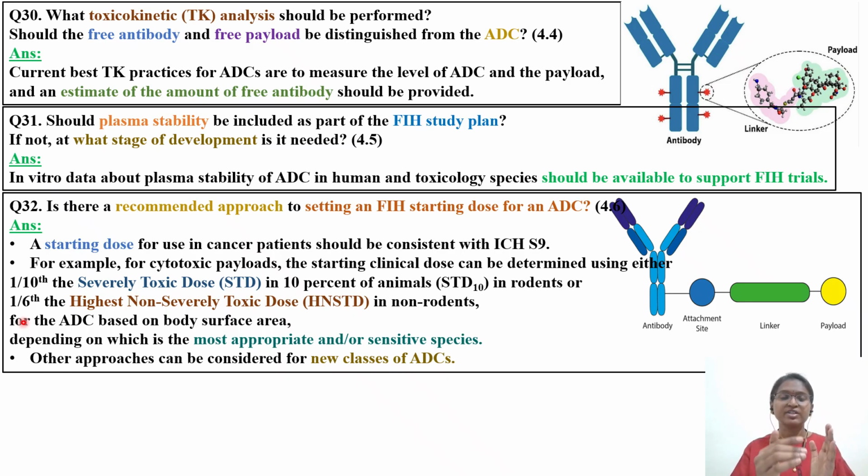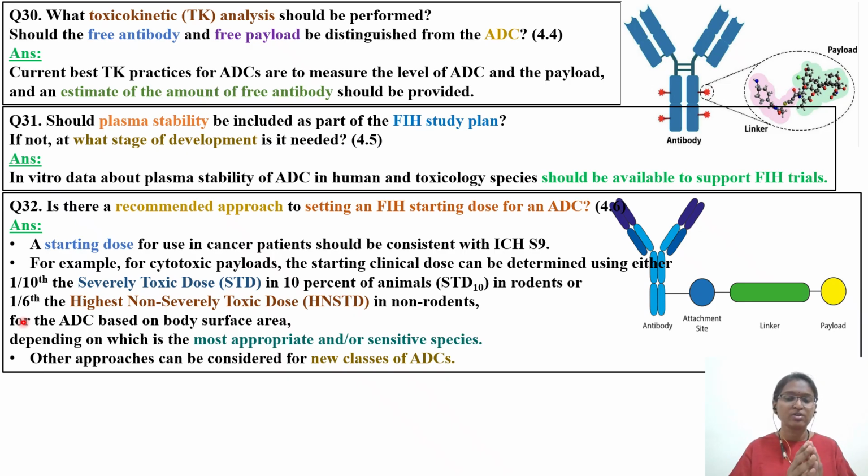Why in the case of STD in rodents it is 1/10th, while in the case of non-rodent mammals, monkeys and dogs, it is 1/6th? Because it is assumed that biologically these dogs and monkeys are closer to humans, being mammals. For that reason they are decreasing the uncertainty factor to 1/6, assuming that there is not much biological variation within the mammals.